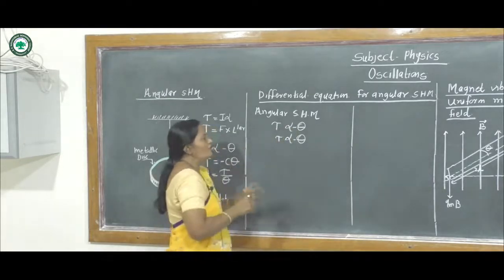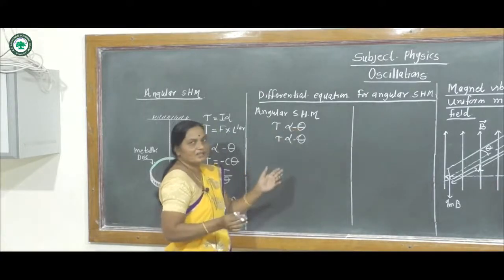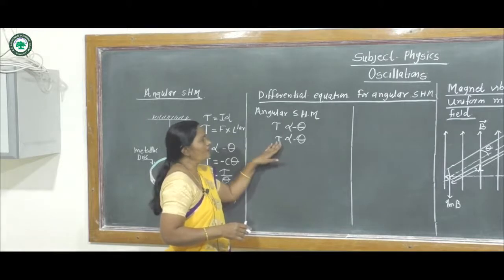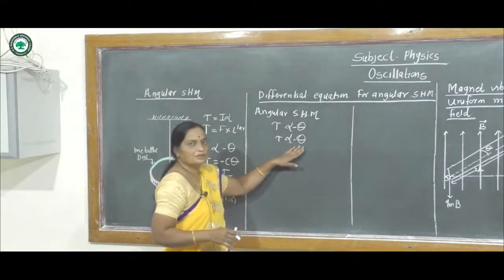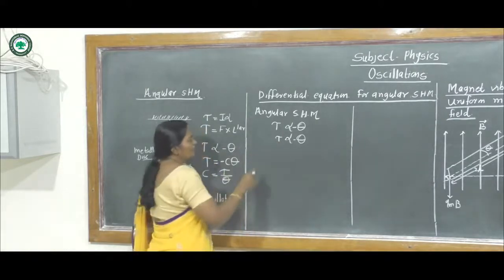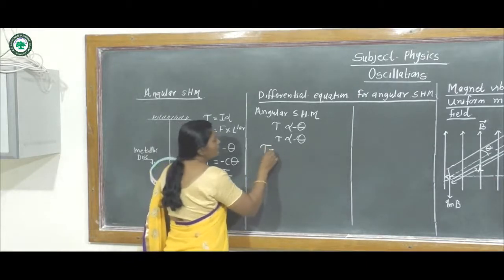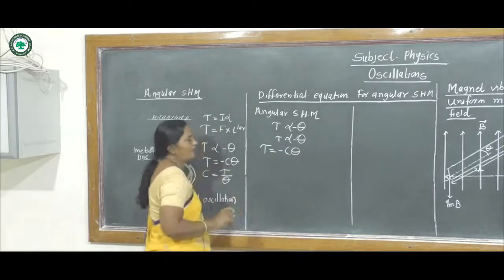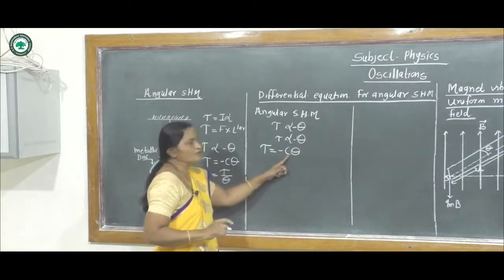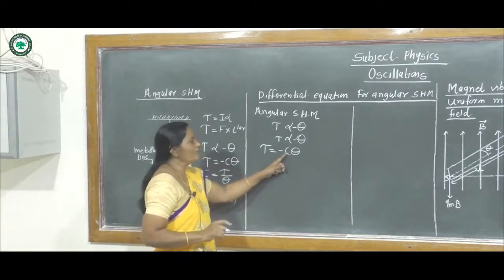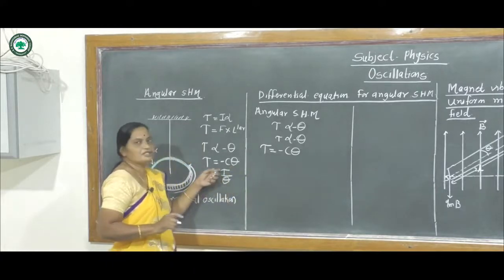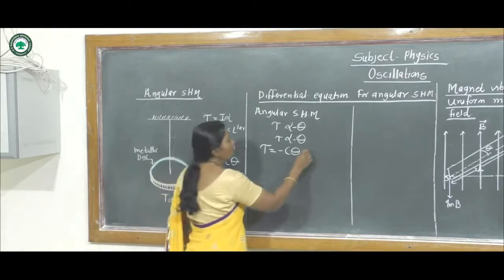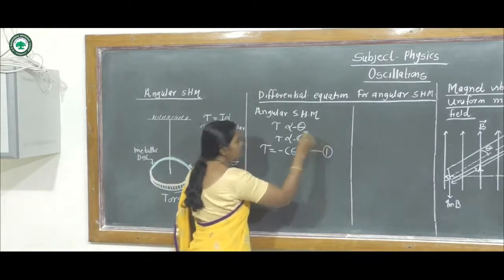The direction of torque and angular displacement are opposite. Therefore, torque is equal to minus c theta, where c is the constant of proportionality, also called the restoring torque per unit angular displacement. This is equation number 1.